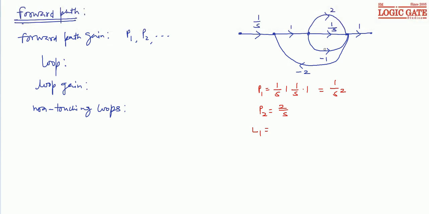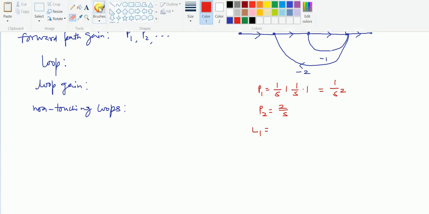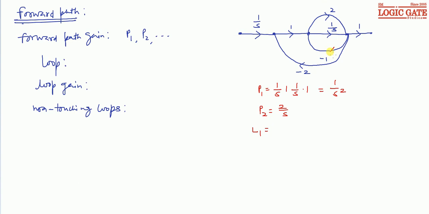This is the actual direction. Okay, so here loop 1 by s and minus 1. So loop gain is minus 1 by s.